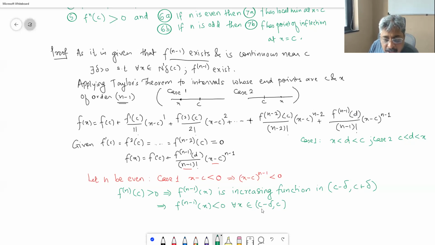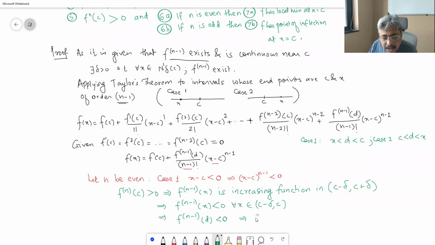So now we are dealing with this, and fn minus 1 at x is less than 0 for every x. Therefore, this implies fn minus 1 evaluated at d is less than 0. Correct? So this is less than 0, this is less than 0.